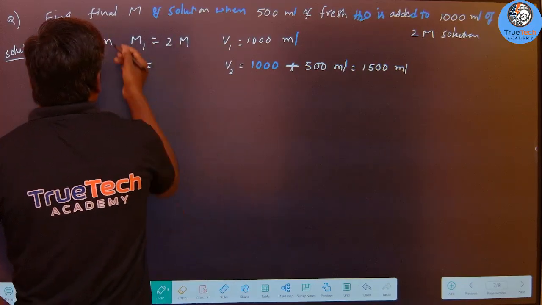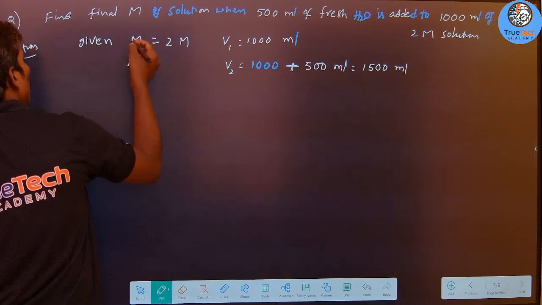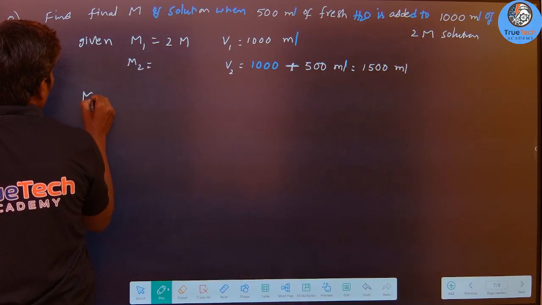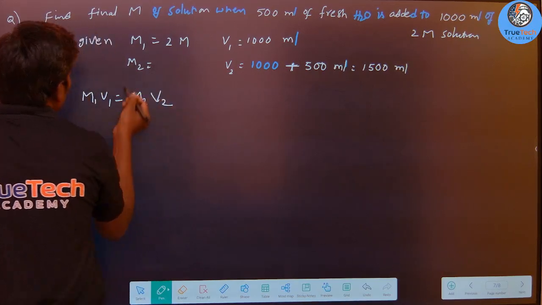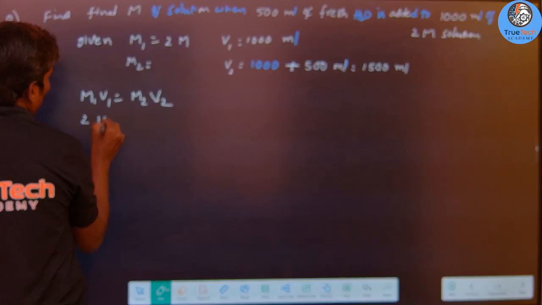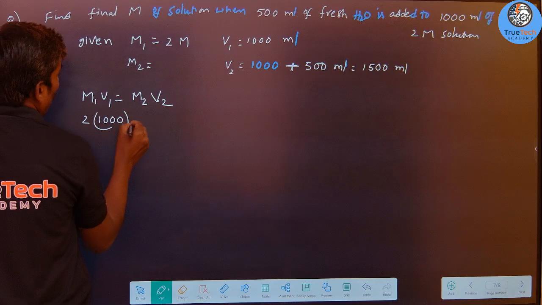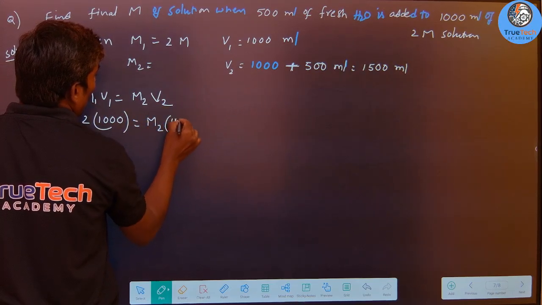We know the formula for calculating when two different volumes are given and one molarity is given: M1 V1 equal to M2 V2. M1 we know is 2, V1 is 1000, M2 we want to find out, V2 is 1500.